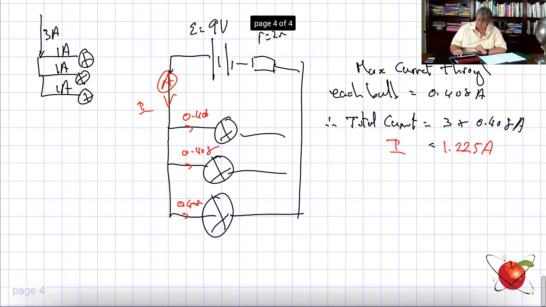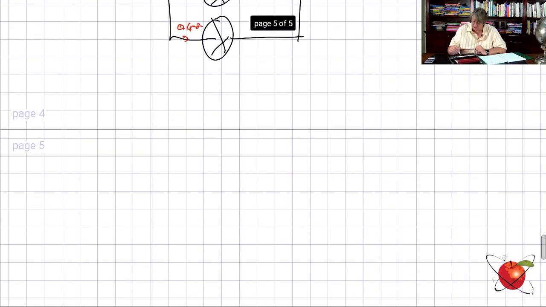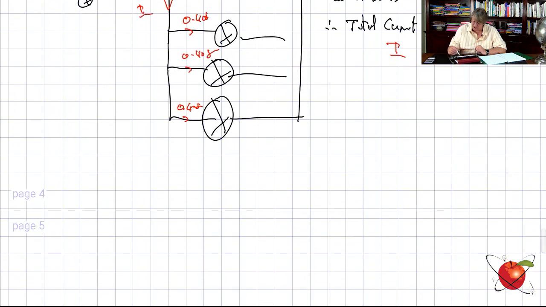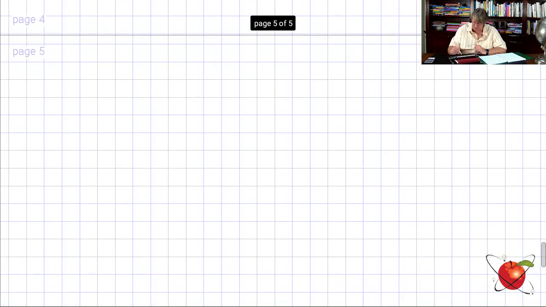Now, let's then go back up and see what we can do with this. We have got this scenario. There's our diagram. Total current is that. What can we say? I'm going to work it from here, otherwise I'm going to be going up and down all the time.